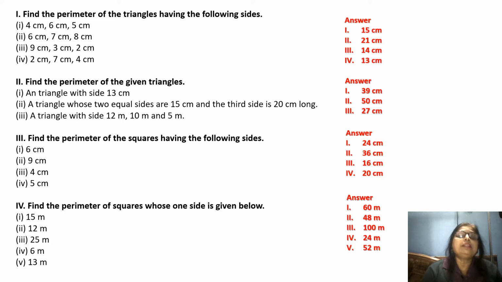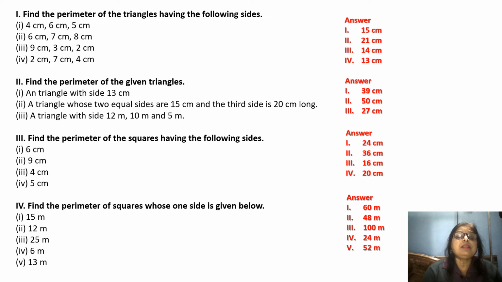So you will draw the picture, write down the measurement of each and every side, and then find the perimeter. And here the answers are also given on the side. So first solve your question with the method, and then match it with the answers.